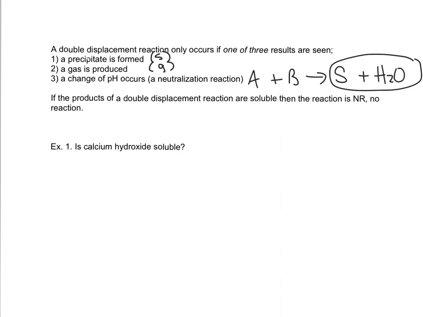So, is calcium hydroxide soluble? Let's do some examples. Calcium hydroxide, Ca(OH)2. Oh, why my brackets seem to look like C's. Okay, so we go back to the solubility table, look up hydroxide, see if calcium falls in to the solid or the AQ.